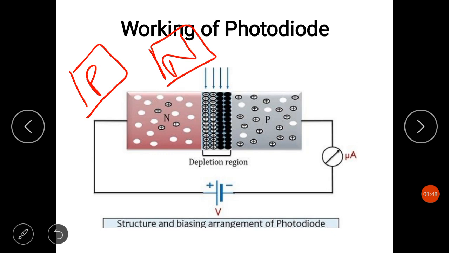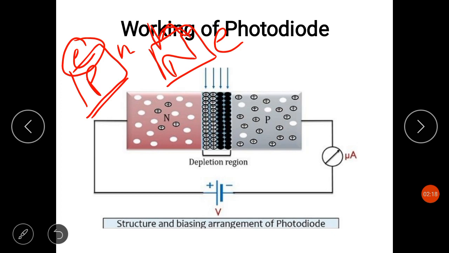There I discussed that the electrons present in the p side and the holes present in the n side are minority carriers. What I'm trying to say is, in p type, holes are the majority carriers and electrons are the minority carriers, whereas in n type extrinsic semiconductor, electrons are majority carriers and holes are minority carriers.